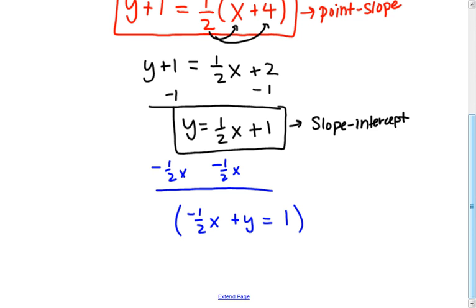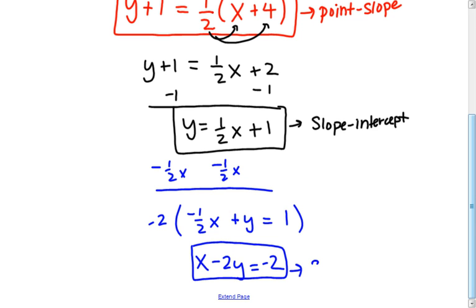So I would multiply this whole thing by negative 2, so that negative 2 times negative 1/2 both cancels out the negatives, and it cancels out that 2 that's in the denominator. So when I do that, I would have 1x. Negative 2 times y is negative 2y. Negative 2 times 1 is negative 2. And this is what it would look like, of course, in standard form.